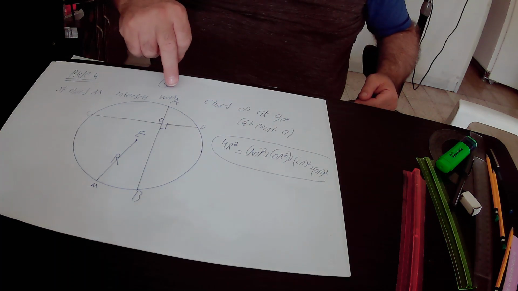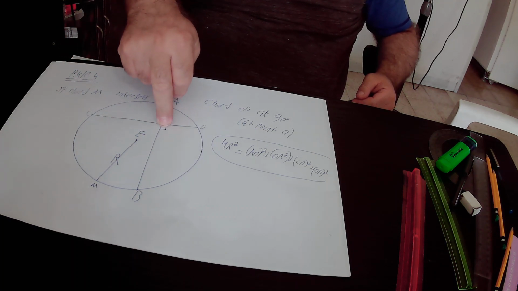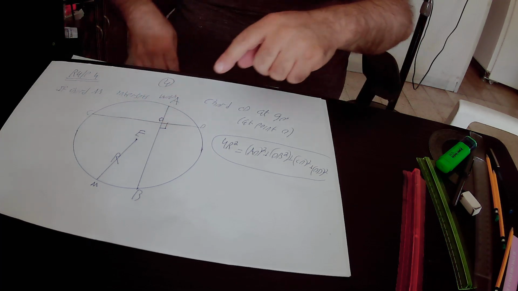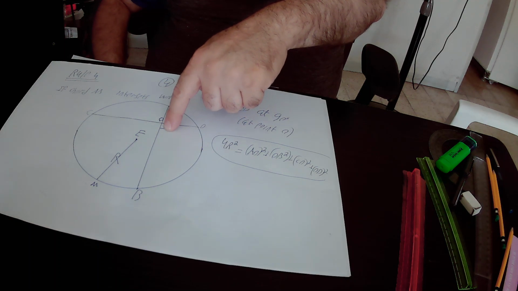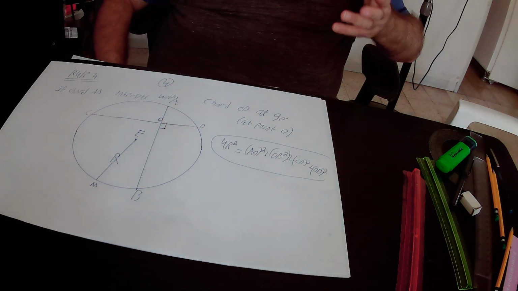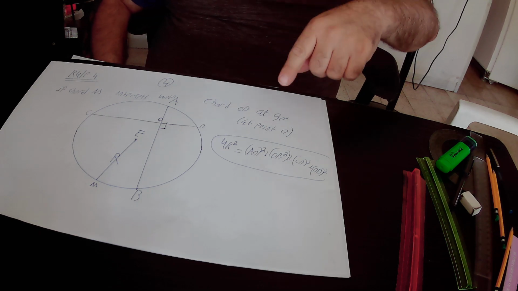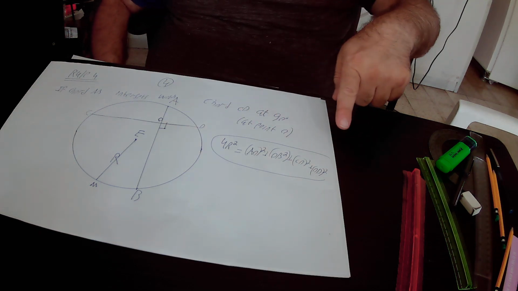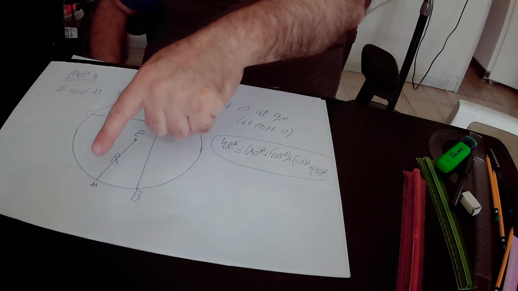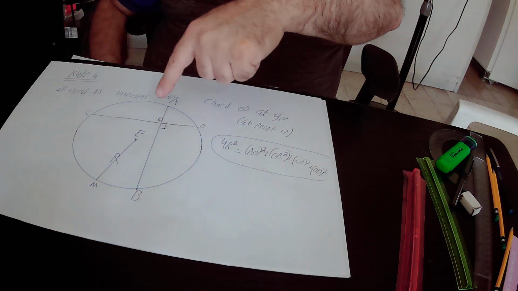That is to say, if chord AB intersects with chord CD at 90 degrees, that is to say the two chords AB and CD are perpendicular to each other, they create between them at the intersection point, point O, 90 degrees. Then you can use this formula: 4r squared, where r is the radius of this circle, equals AO squared plus OB squared plus CO squared plus OD squared.